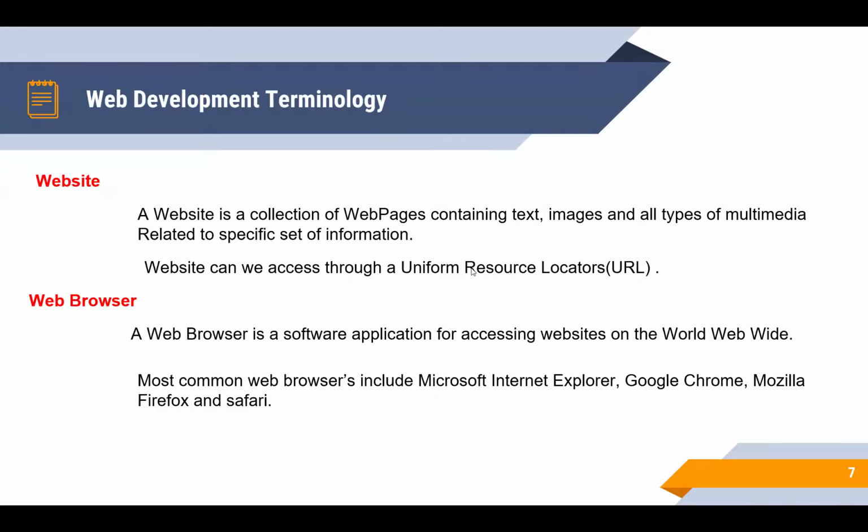Normally we use Google Chrome, Internet Explorer, or Mozilla Firefox, because these days many web browsers are available in the market. The good part about web application development is that whenever you develop a website or any web pages, they will work on each and every browser.